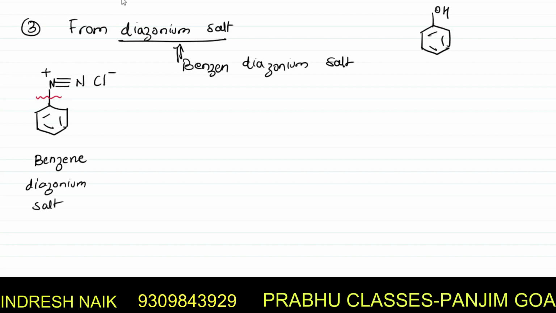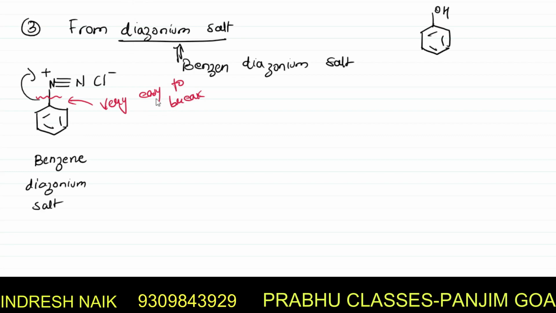This bond is very unstable, right? Why? If this bond breaks, then what you get is nitrogen gas. Means one reactant can be converted into two products. So this bond is very easy to break, the diazonium bond is very easy to break.